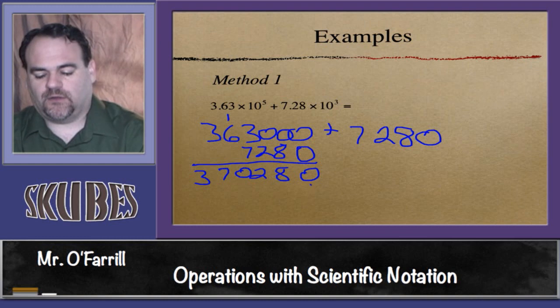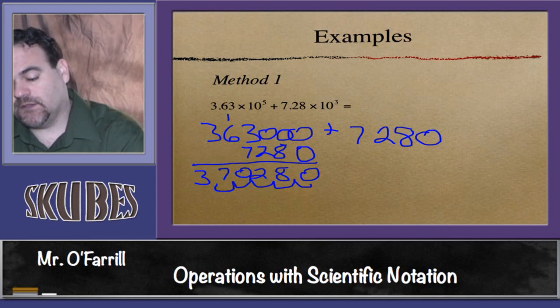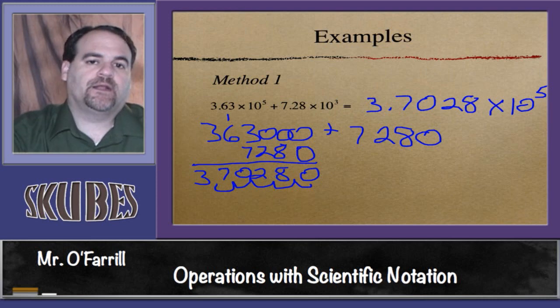So we're going to go 1, 2, 3, 4, 5 to the left. That's going to be 3.7028 times 10 to the fifth. And that's one method to do it.